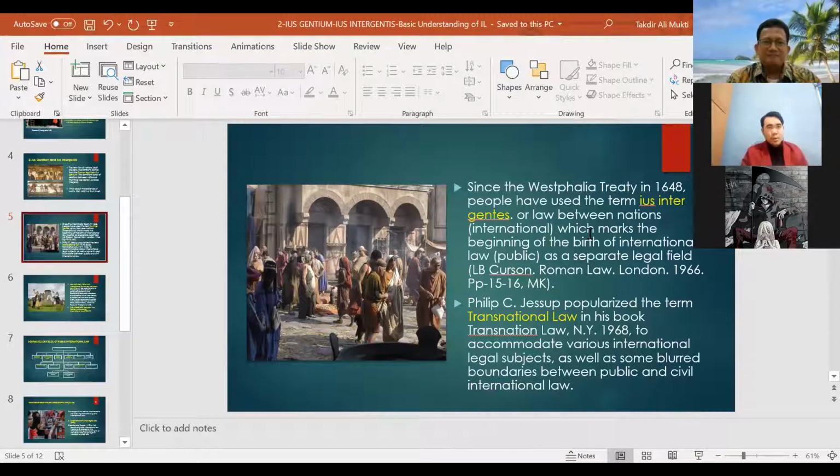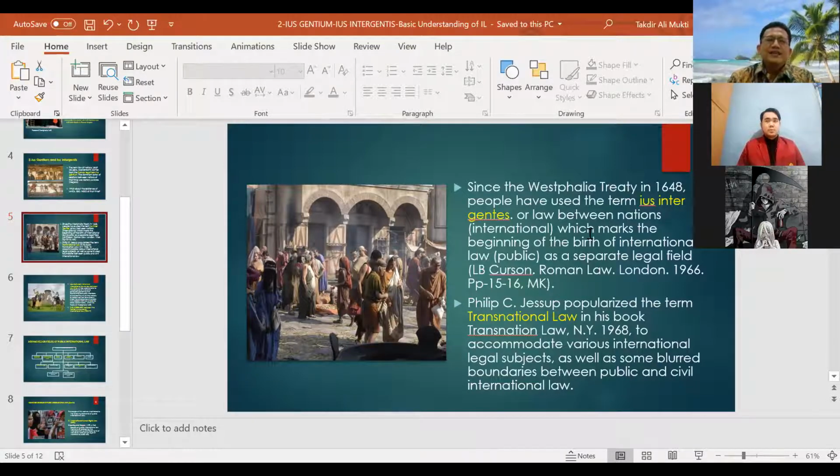What is the example? Do you imagine that today the biggest actor in world diplomacy is the United Nations. And the United Nations is not a nation state, but an international government organization. It is not a government.